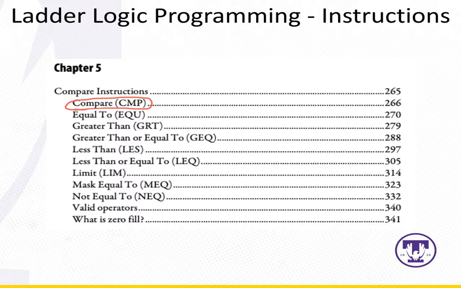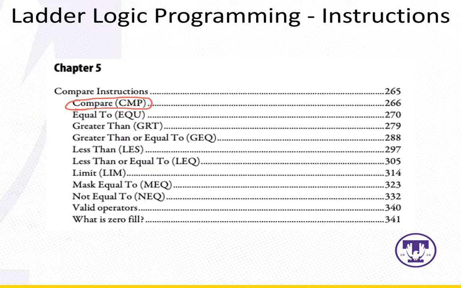So we have instructions for equal to, checking to see if two things are equal, greater than or equal to, less than or equal to. Limit is a bit weird. You don't need to use it, and you won't need to use it.